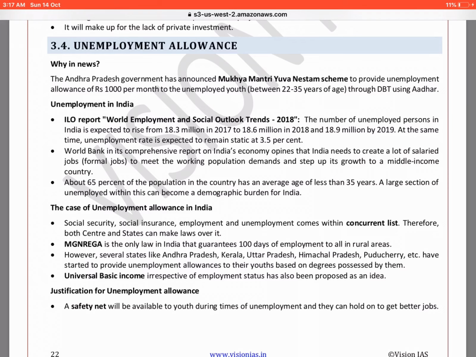They will not be getting all those benefits if they get an allowance of rupees 1000 or 2500, which was projected by Economic Survey 2016-17.